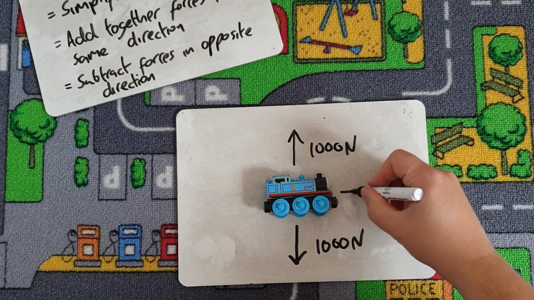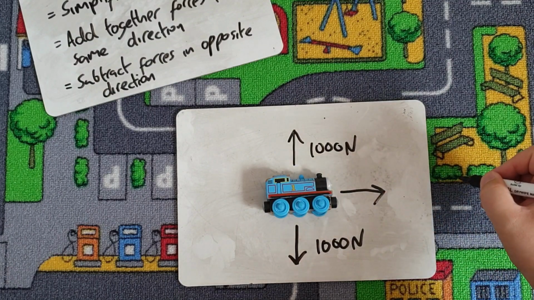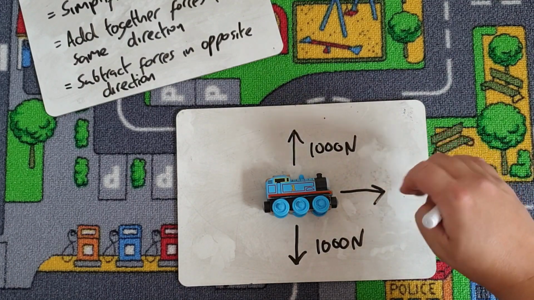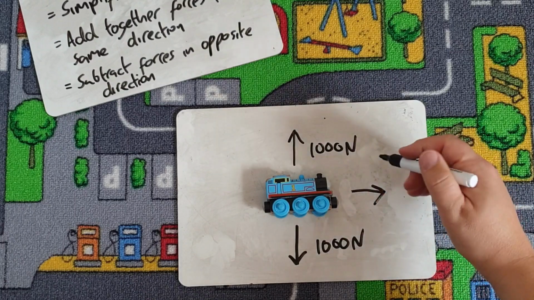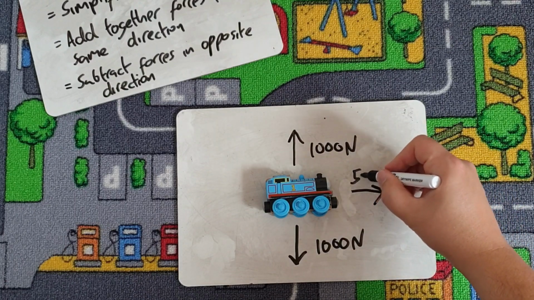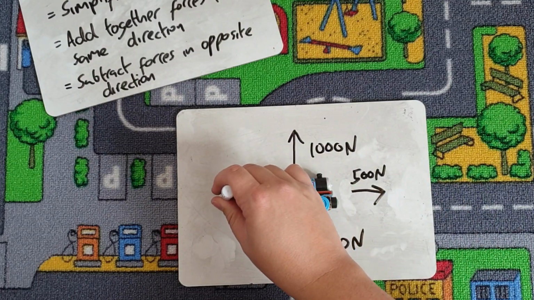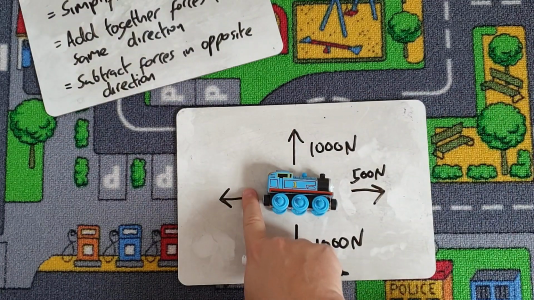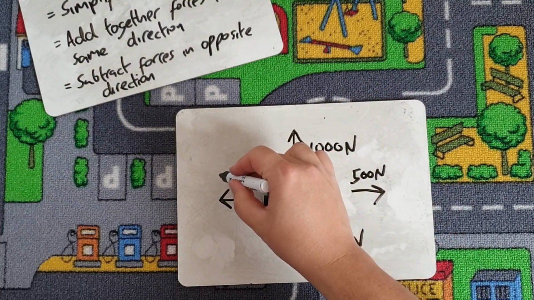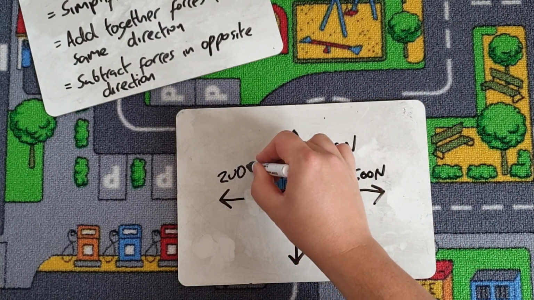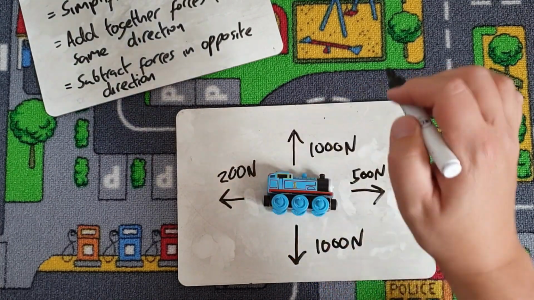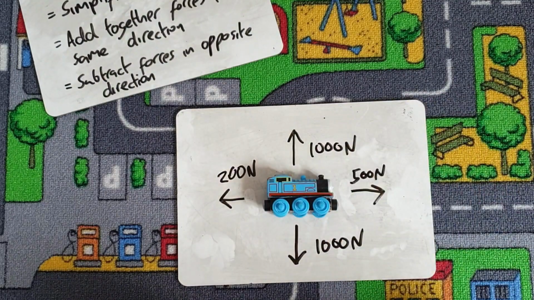We've got the thrust from the engine pushing the train forwards. Make that a bit smaller. We'll say that is 500 newtons. And then we've got the drag or the air resistance pulling the train back. And we'll say that is 200 newtons. So those are the four forces on the train.